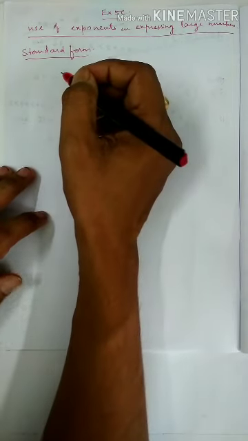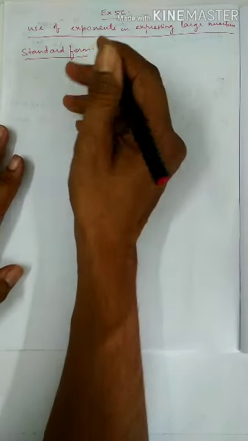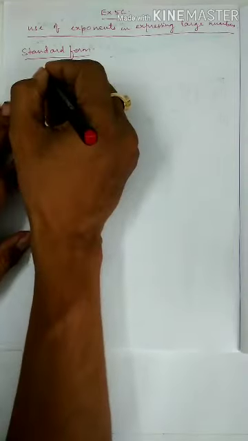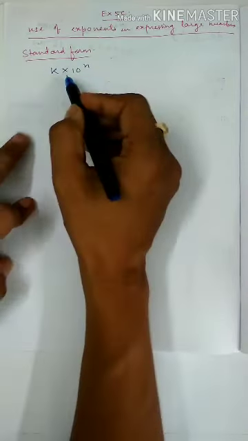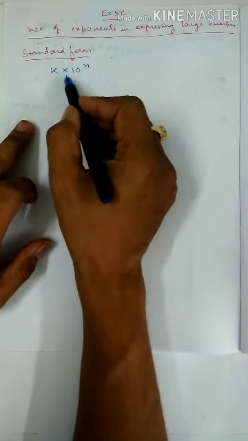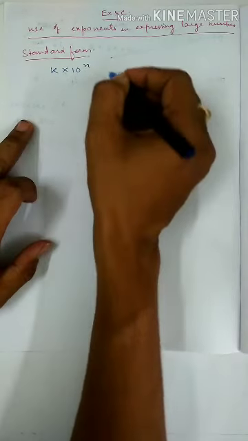So what is the standard form, students? Whenever we write a number in the form of k into 10 to the power n, it will be called a standard form.